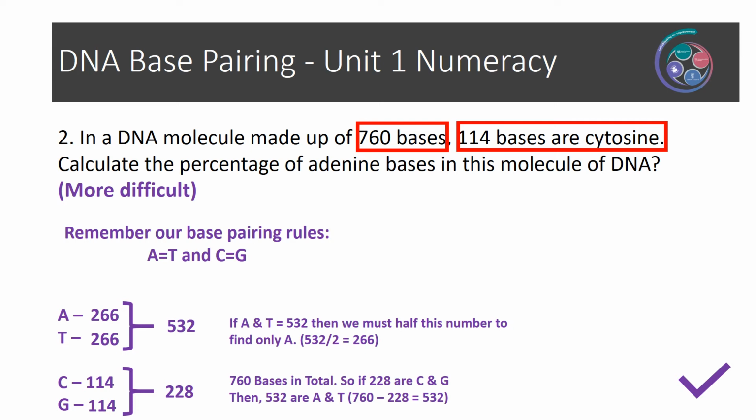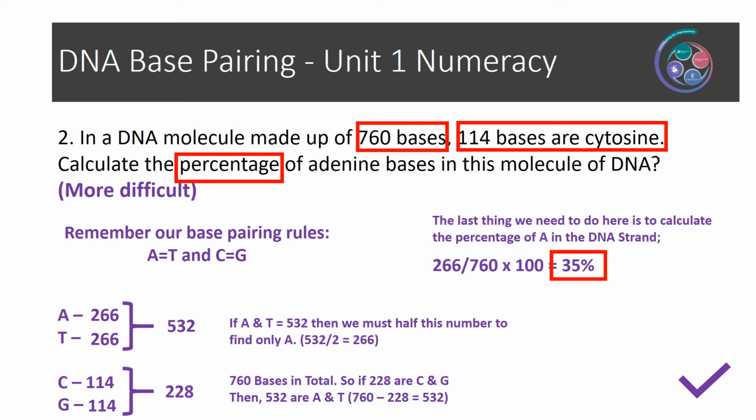Unfortunately, this question is not done yet, as if we read the question over again, we are looking for the percentage of adenine bases, not the number. So 266 is just how many adenine bases we have. We want to know the percentage of adenine bases out of the whole molecule of DNA. So we must now calculate a percentage.